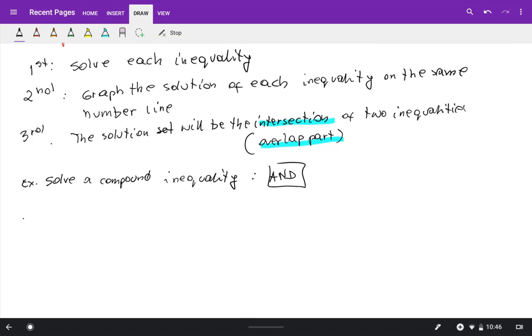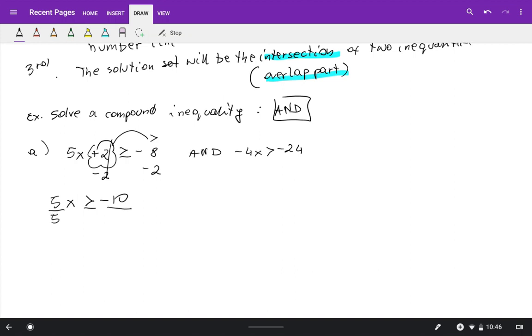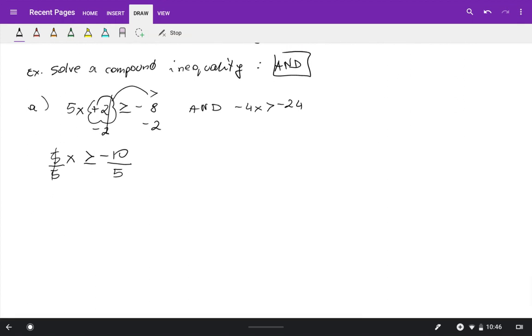So first one, A. We have 5x plus 2 greater or equal to -8 and -4x greater than -24. So first what we're going to do, we're going to solve each inequality. So I'm solving the first one. We're going to move 2 to the other side of the inequality. So we subtract 2 from both sides. And we have 5x is greater or equal to -10. And now I'm just dividing both sides of the inequality by 5 because you need to isolate x. And we have x greater or equal to -2. Okay, so that's the solution of the first inequality.